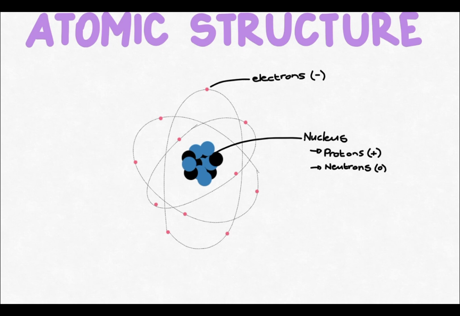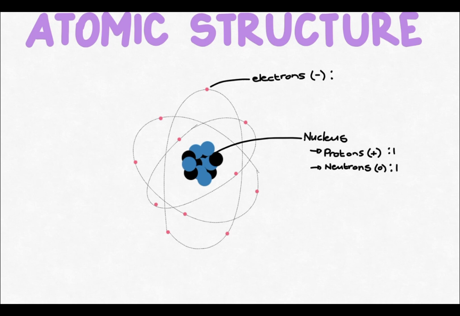If we look at the mass of these subatomic particles, protons and neutrons have a mass of 1 atomic mass unit, although neutrons are slightly heavier than protons, but not enough to be significant.